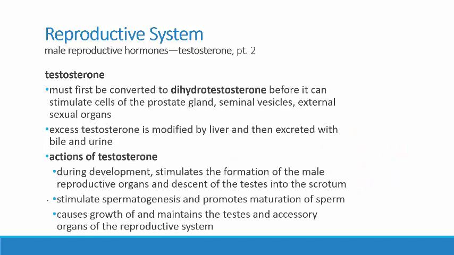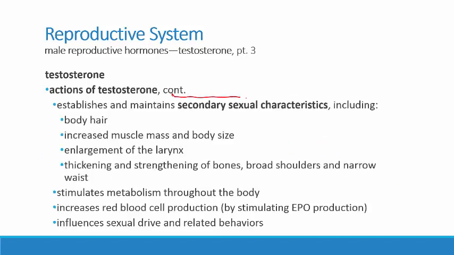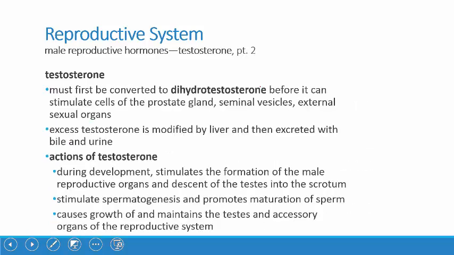So in order for testosterone to have any action, it is first converted into a compound called dihydrotestosterone, and then it will begin to be stimulatory to the cells of the prostate gland, the seminal vesicles, and all the external sexual organs.